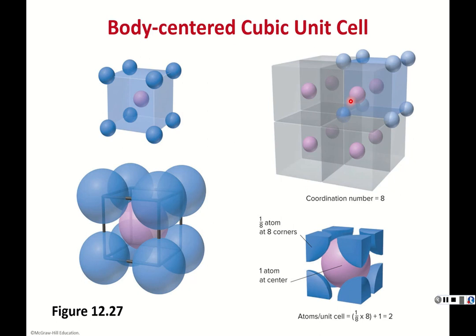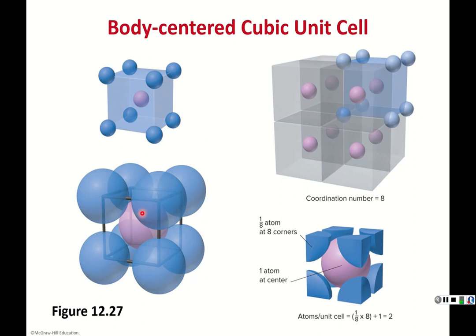But if you count, you still have 6 connections to the blue, but it's surrounded by 8 other purples that you're only partially coordinated with. Okay, so don't worry too much about the coordination number.